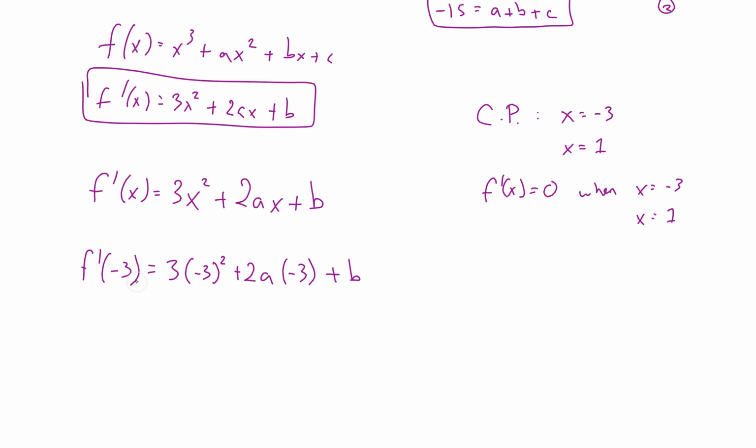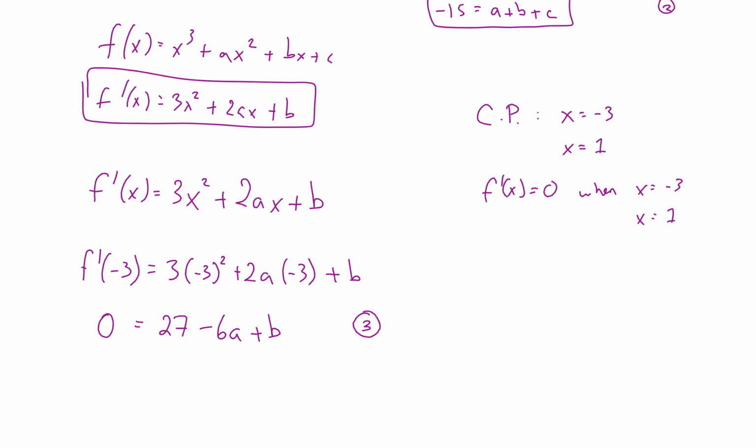And we know that f prime of -3, since it's a minimum or a maximum, is going to be equal to 0. So we have, -3 squared is 9, so 3 times 9 is 27, plus, well, it'll actually be minus because -3 times 2 is -6a plus b. So that'll be our equation number 3.